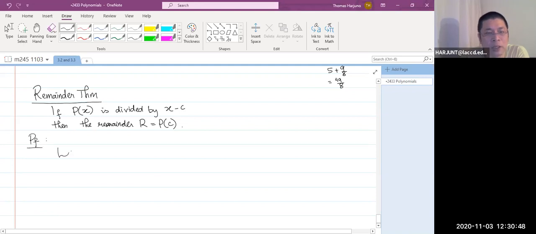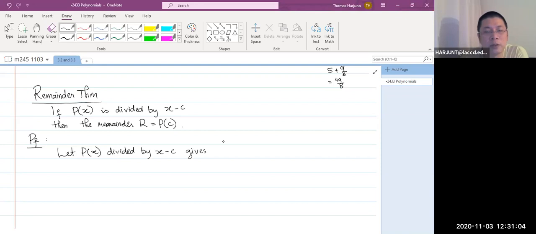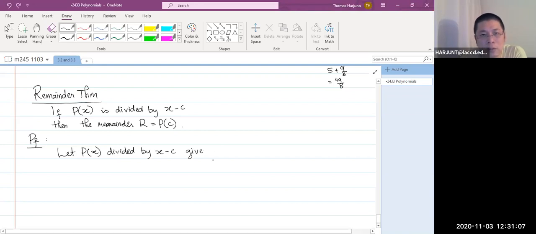Let P(x) divided by x minus c give quotient q(x) and remainder r.